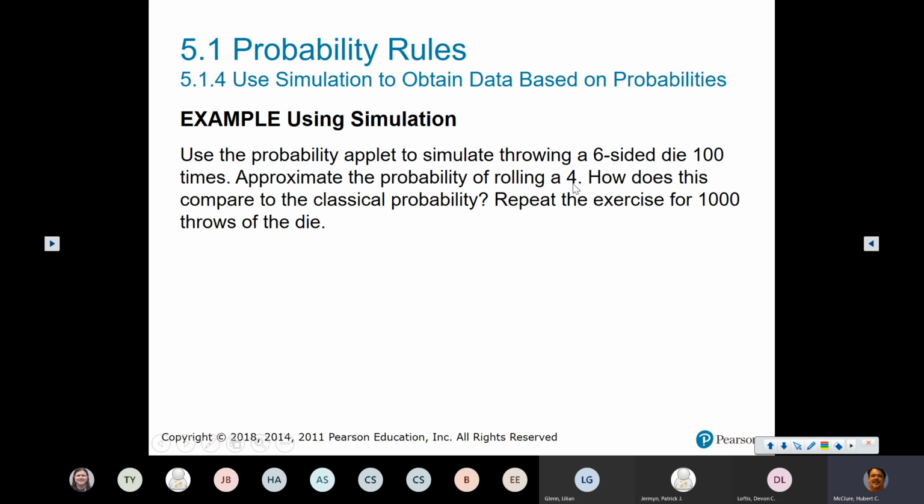Well, the probability of rolling a 4 is 1 out of 6. So 1 over 6 is 0.16 repeating. Multiply that by 100, that would be 16 or 17 times. And of course, repeat the exercise for 1,000, that would be 170 times you would get a 4. So 17 and 170.